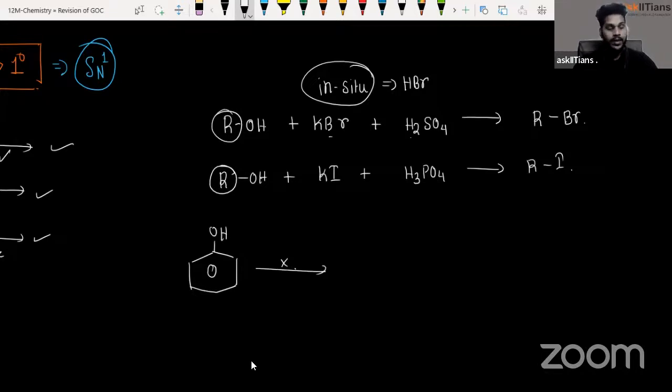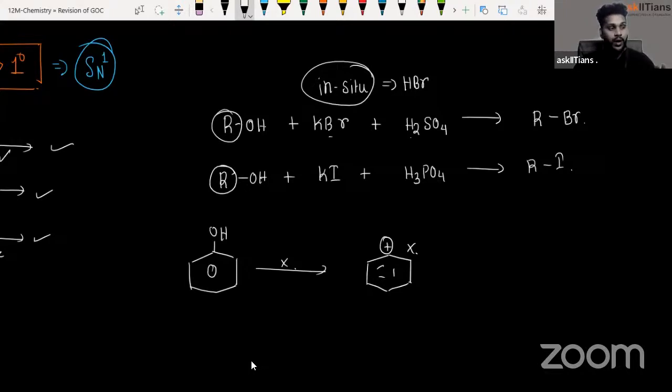Why is that? Because in Groves process, what did I tell you? What is the intermediate there? It's an SN1, so it's a carbocation intermediate, right? So a carbocation in a phenyl system is never stable. This is not stable. That's why this reaction cannot undergo the Groves process.